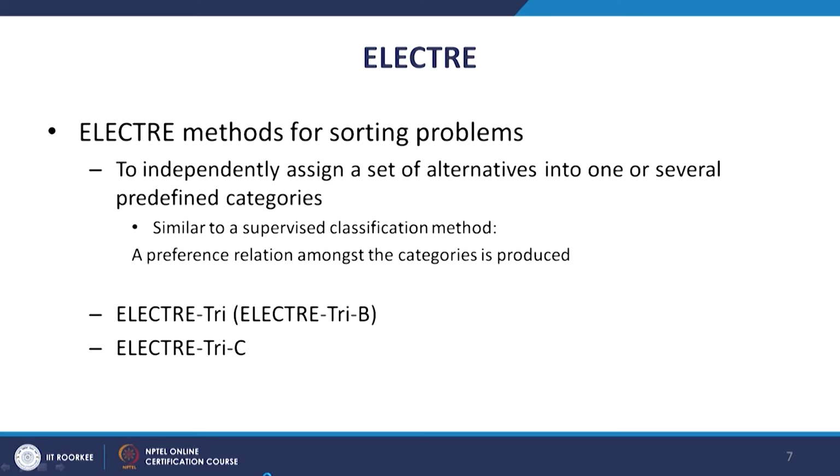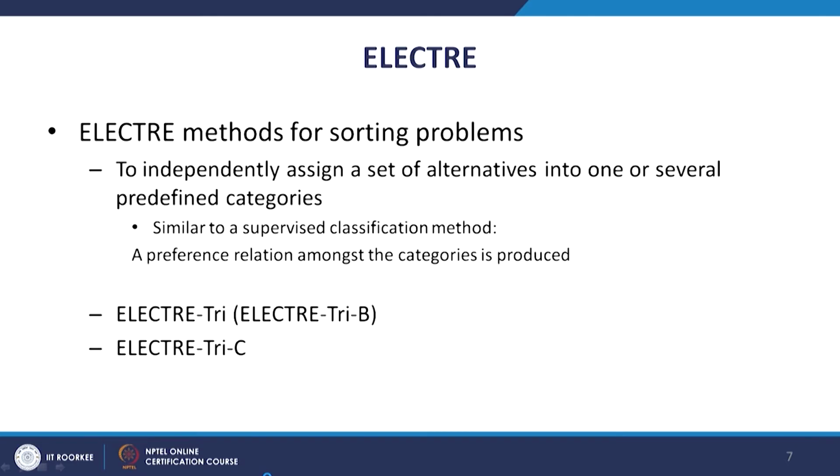Now, let us talk about ELECTRE methods for another type of problem, that is sorting decision problems. So, what do we mean by sorting problems? We mean independently assigning a set of alternatives into one or several predefined categories.